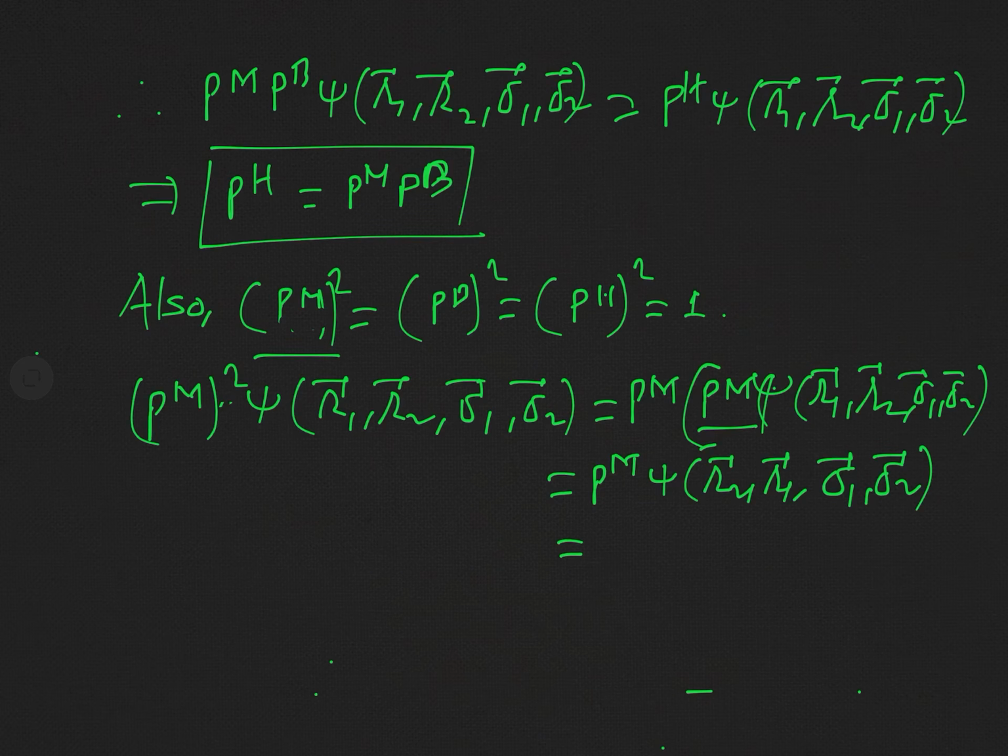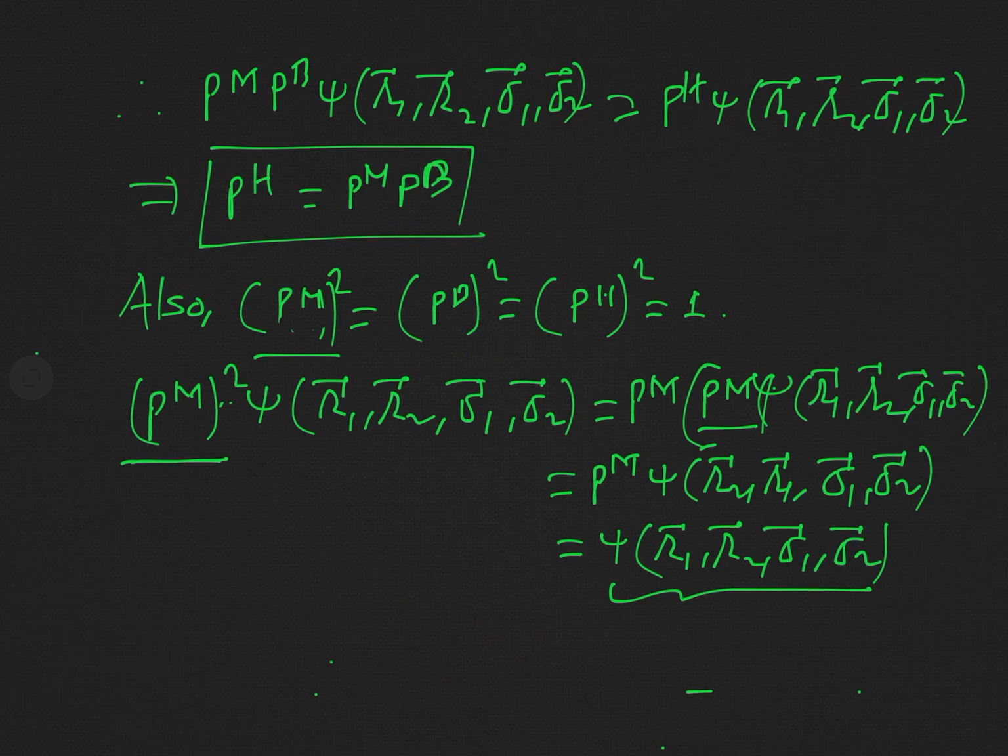Now again this operator is operated on this, so the result will be psi of r1, r2, sigma 1, sigma 2, because this operator interchanges the position coordinates r1 and r2. And if the result is like this, you can say that the eigenvalue of the operator P_M squared is equal to 1.